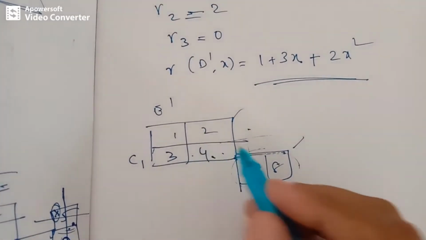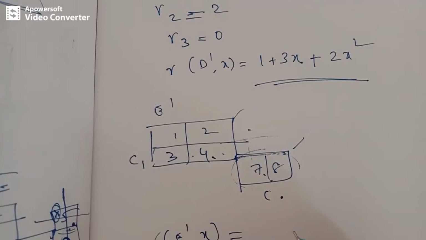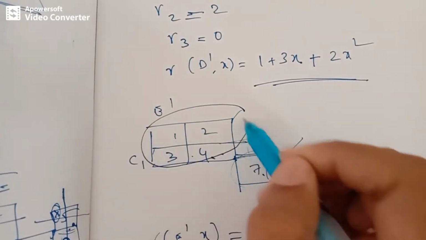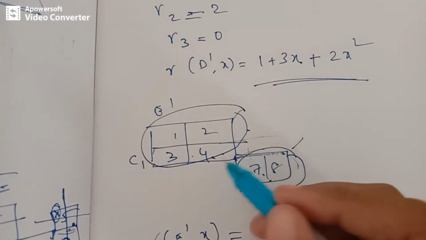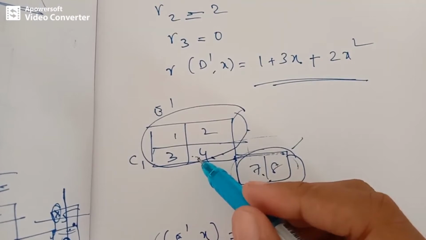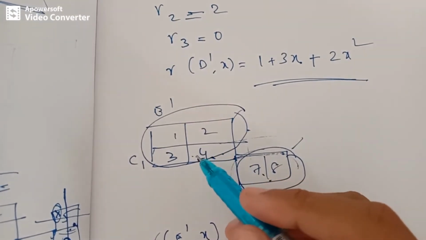So we have to apply the product formula. R of E dash comma x is given by the Rook's polynomial of this one times the Rook's polynomial of this one. We have already calculated this, so I can directly reuse the formula, but if they have asked this as a separate question, we need to calculate it separately.